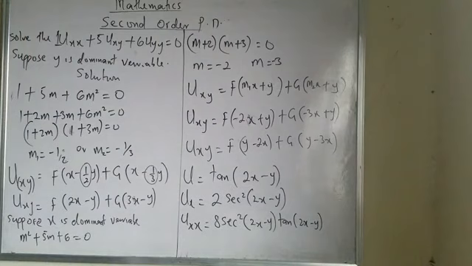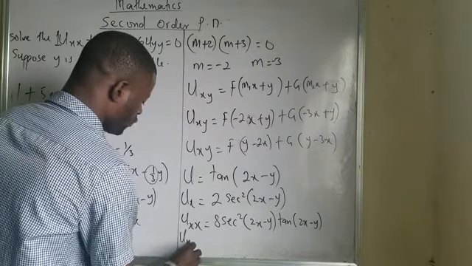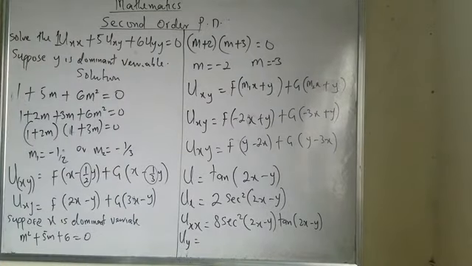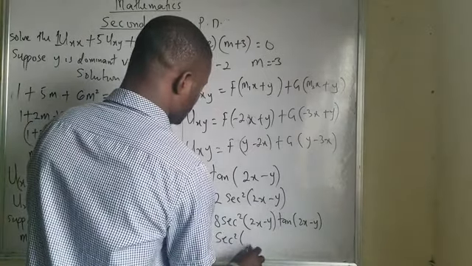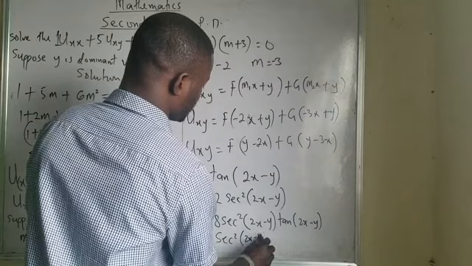That is very, very important. Now I'll move on to u of y. With respect to y, it will be equal to minus 2 sec squared bracket of 2x minus y.